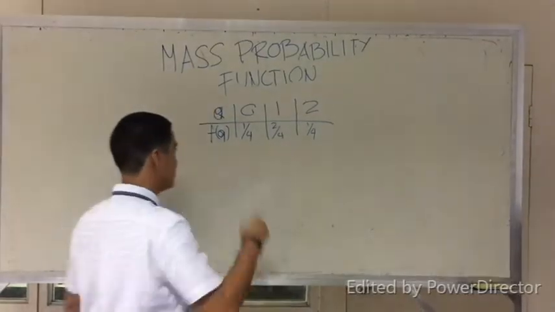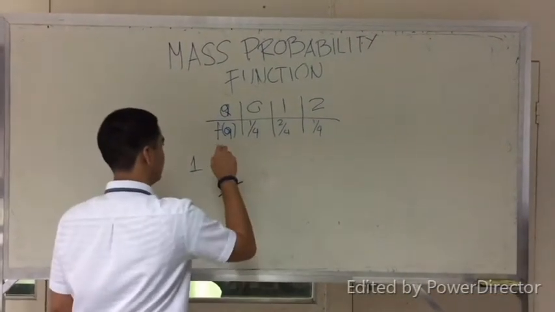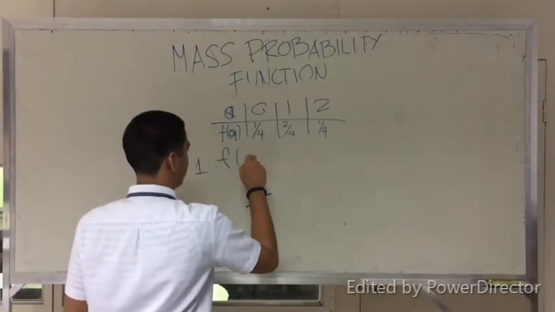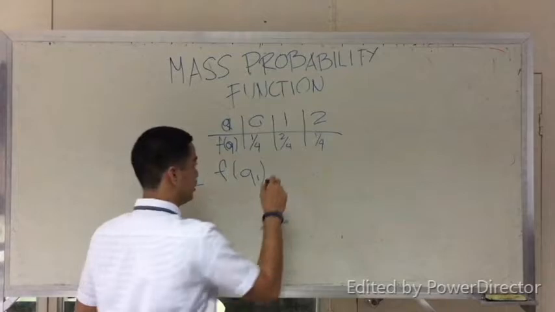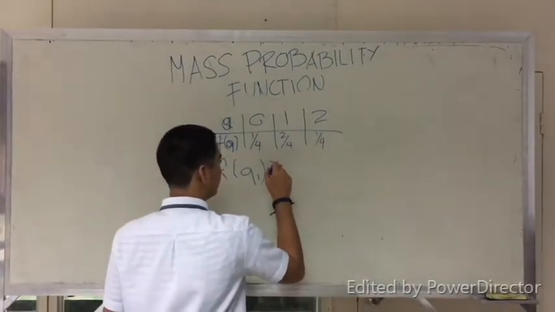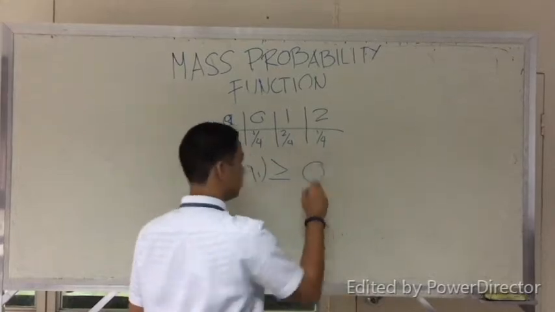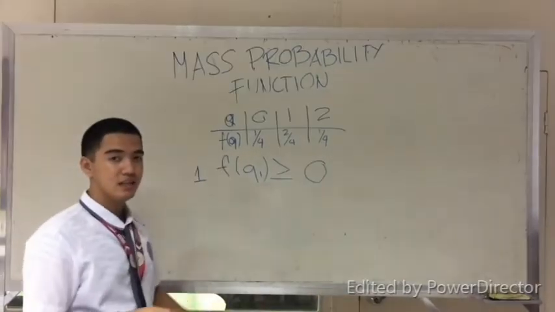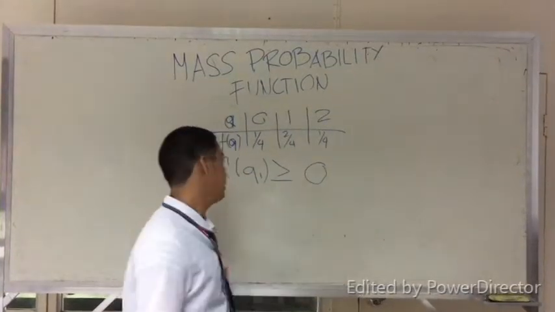Our first definition is f of qi should be greater than or equal to 0, and it must not be negative.